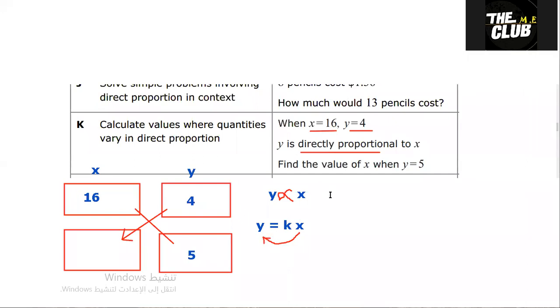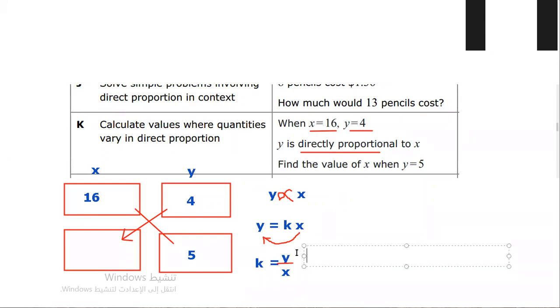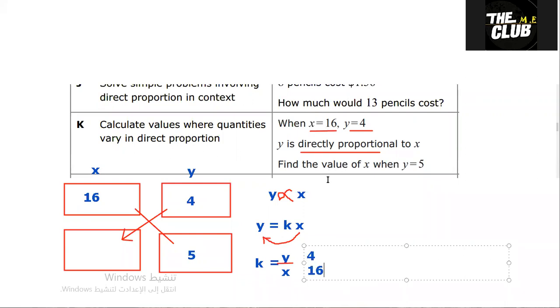Then you want the k alone, so you take the x to the other side by dividing. So k equals y divided by x, like this. And then you divide the y over the x. 4 divided by 16.